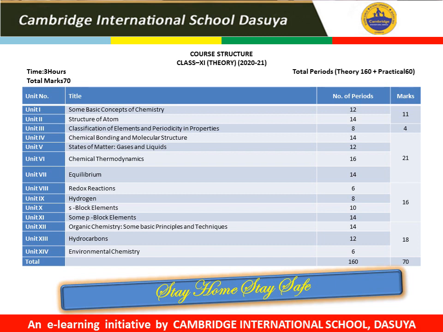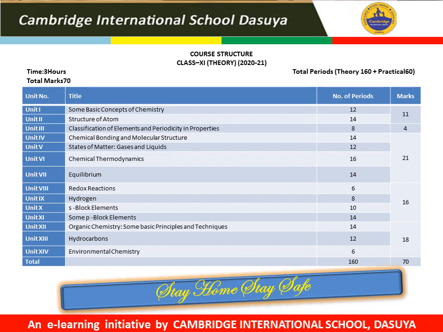Okay, and in organic chemistry we'll be dealing with some basic concepts. We'll be discussing the nomenclature and the types of reactions, more about the structures of hydrocarbons. Then in hydrocarbons we'll be dealing with alkanes, alkenes, alkynes, then some reactions of aromatic compounds also, and in the last chapter we'll be discussing environmental chemistry.